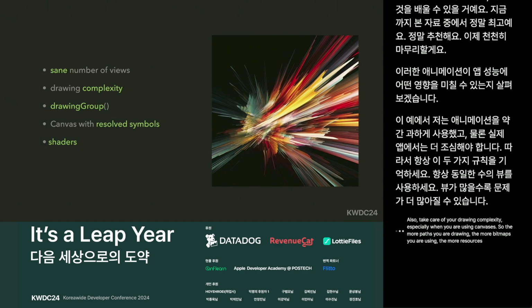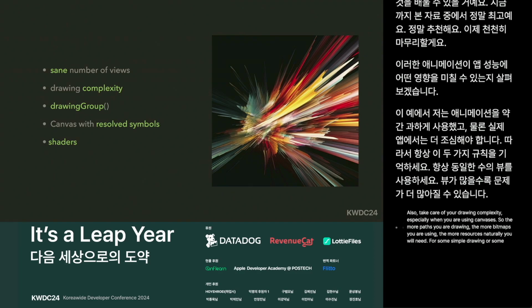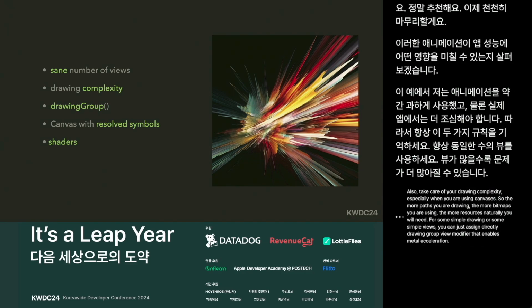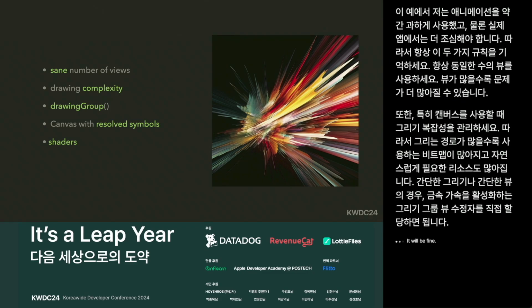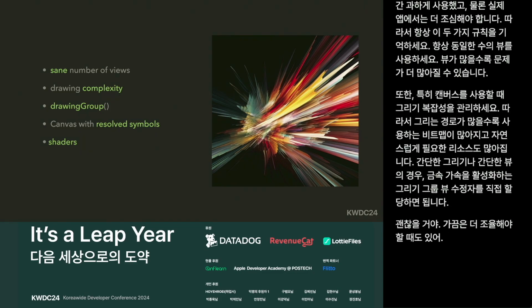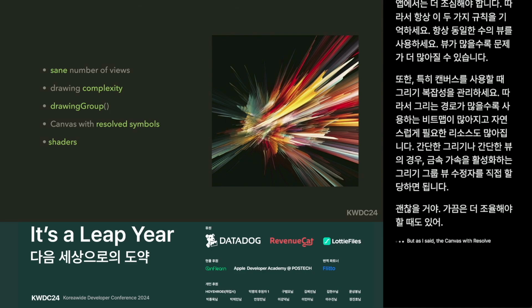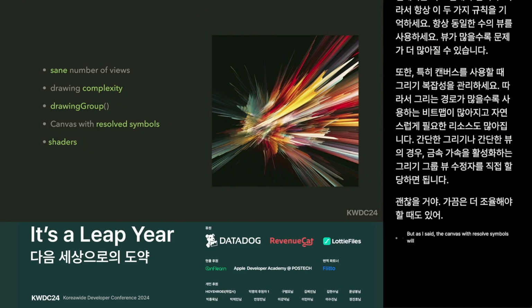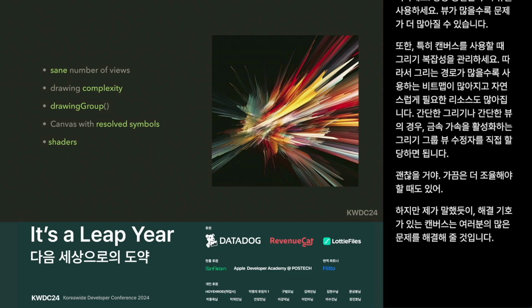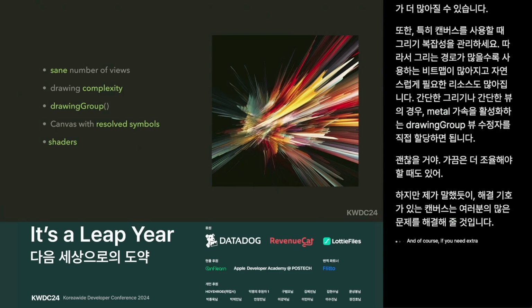For some simple drawing or some simple views, you can just assign directly the drawing group view modifier that enables metal acceleration, and it will be fine. Sometimes you need to fine-tune it more. But as I said, the canvas with resolved symbols will solve a lot of problems for you. And of course, if you need to go the extra mile, just use shaders.